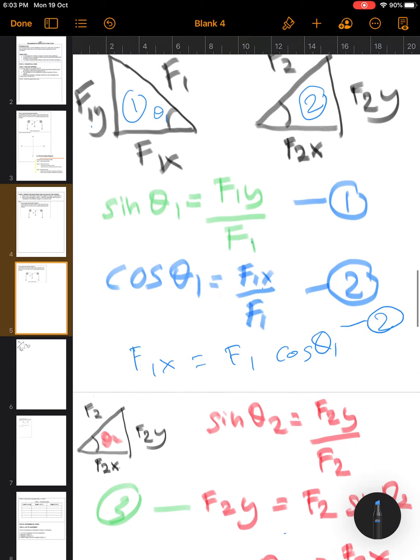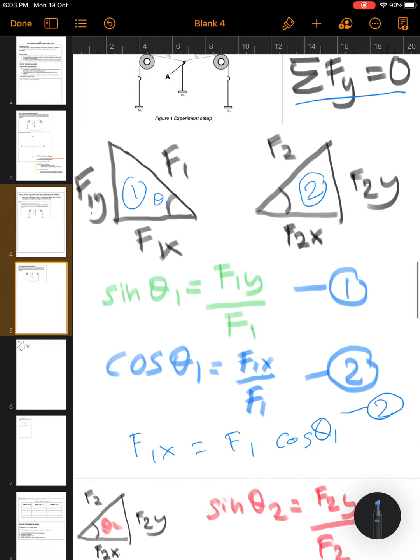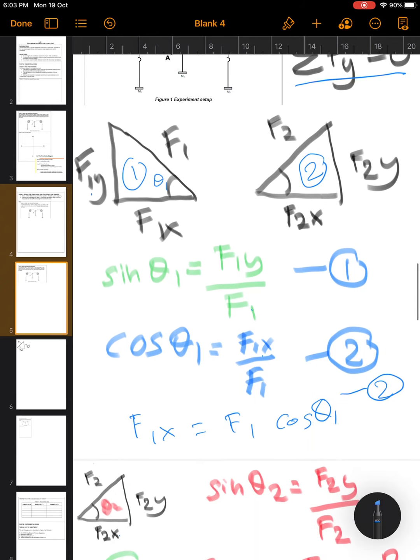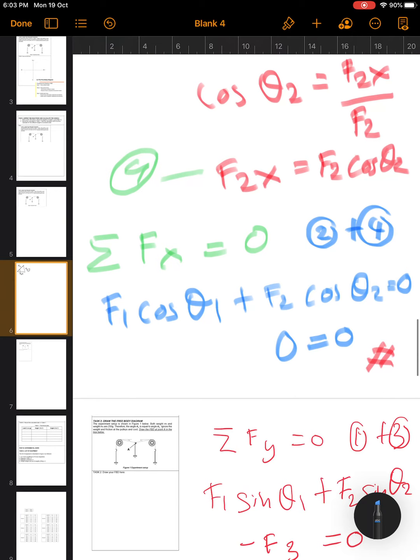From equations 1, 2, 3 and 4, we can combine the equations and substitute them into these equations: the sum of Fx is equal to 0, and the sum of Fy is equal to 0. Okay. First we will do the Fx. For the sum of Fx equal to 0, we add equation 2 plus equation 4.